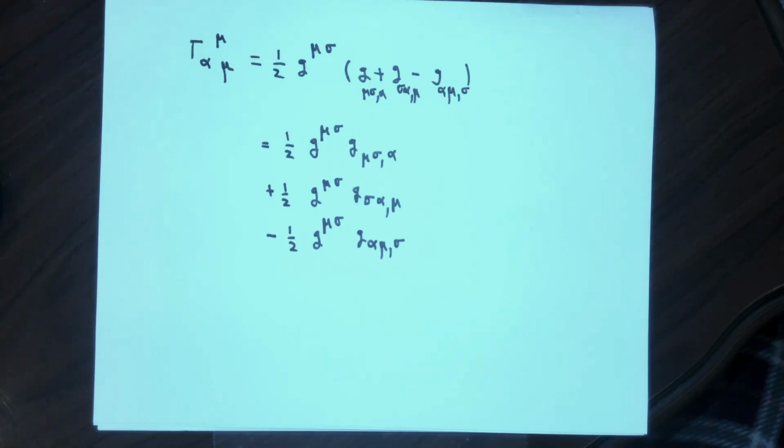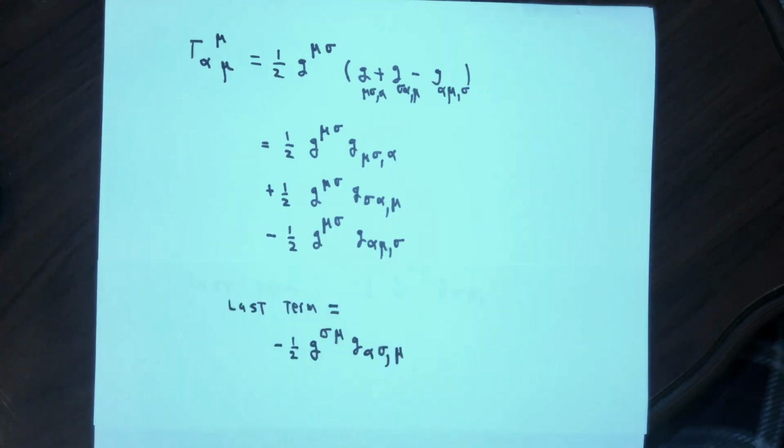I'm going to relabel that last term. What I'm calling mu right now, I'm going to start calling sigma instead, and what I'm calling sigma, I'm going to start calling mu instead. But the metric in either its lower version or its upper version is a symmetric tensor.